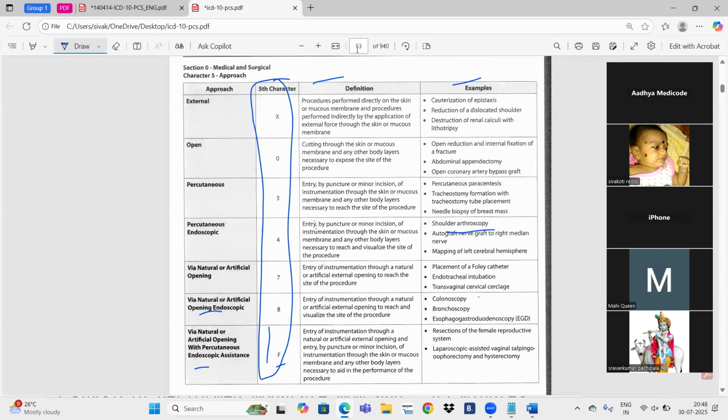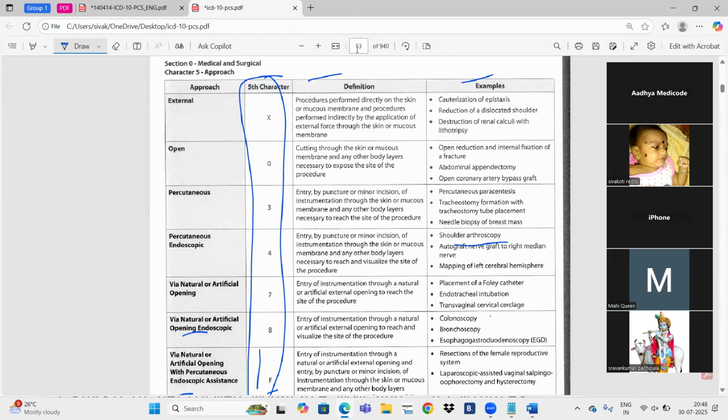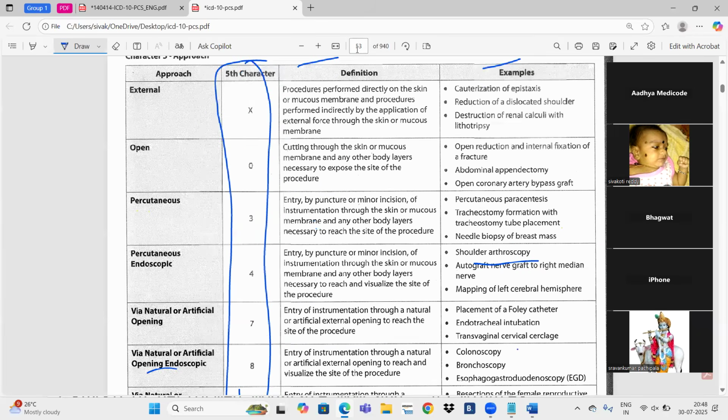Now, what they are saying here, first check what approach they given. External. What is the value they given for external? X. So X. What they are saying: external approach means procedure performed on the skin or mucous membrane and procedures performed indirectly by the application of external force through the skin or mucous membrane, which means simple.